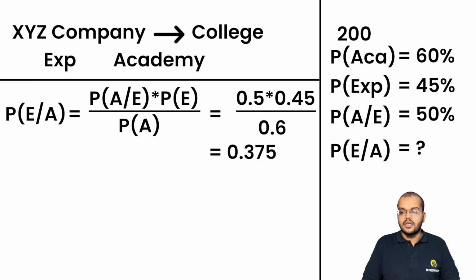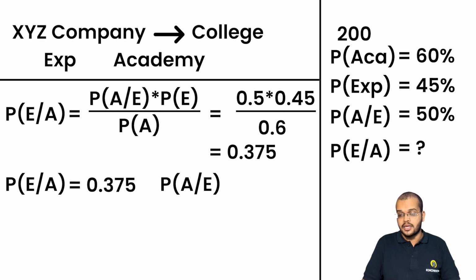0.375. So my dear viewers, the probability of experienced candidates given academics is 0.375, and the probability of high academics but less experience is 0.5. So obviously 0.375 is less than 0.5.